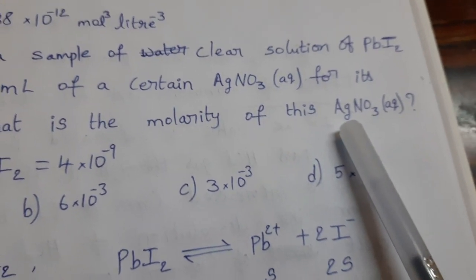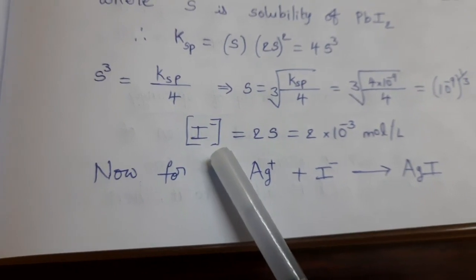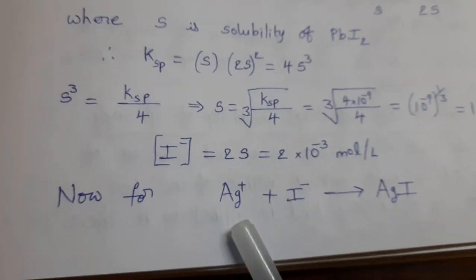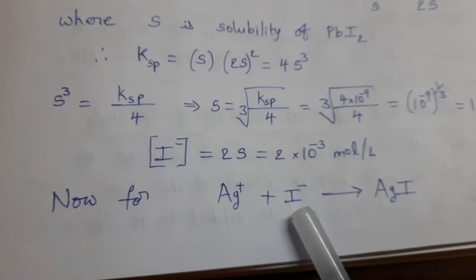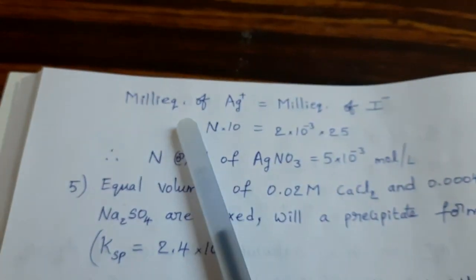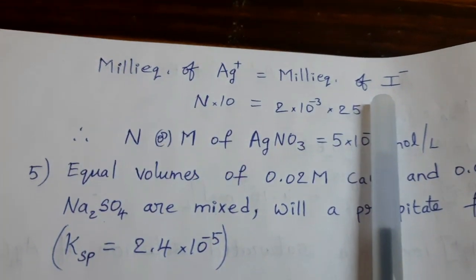This Ag plus ion concentration we can calculate from the iodide ion concentration. So for that we need this equation: Ag plus plus I minus gives rise to AgI. Here milliequivalents of Ag plus equal milliequivalents of I minus.